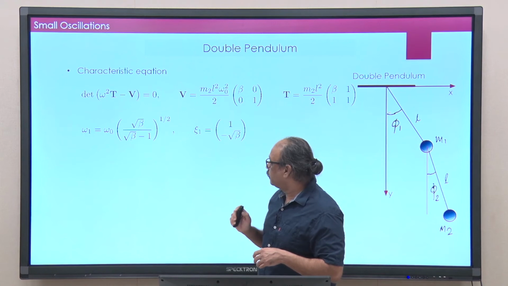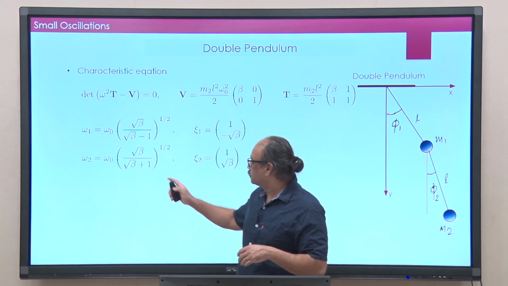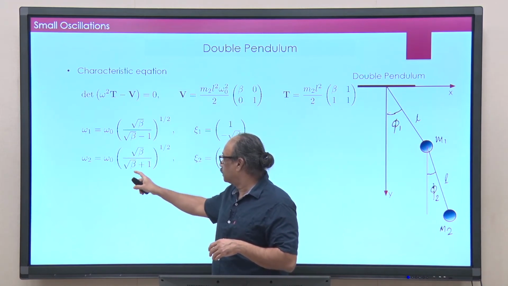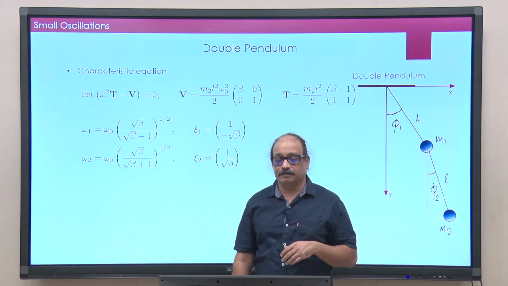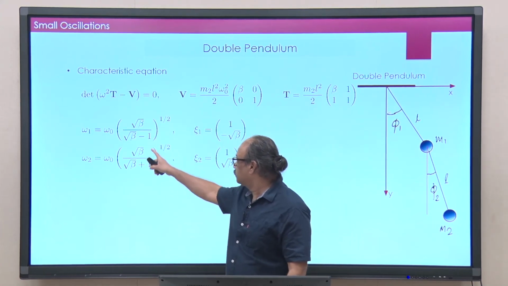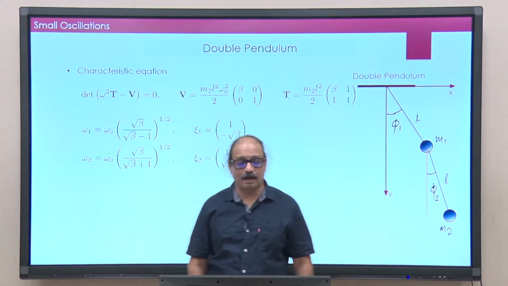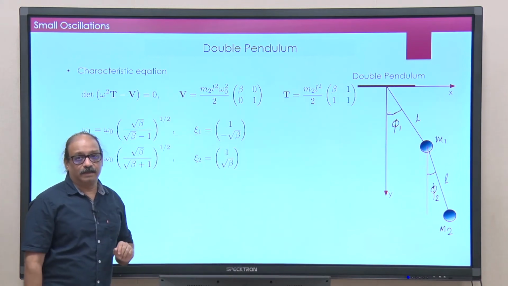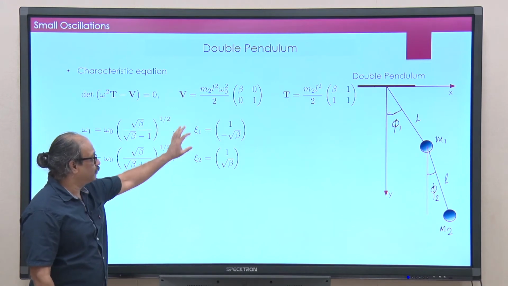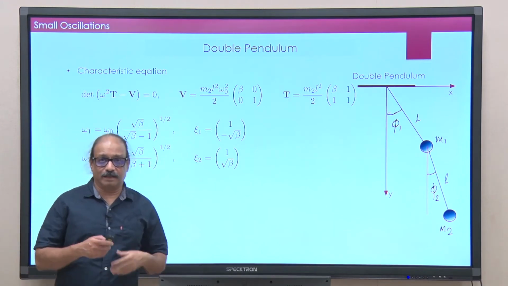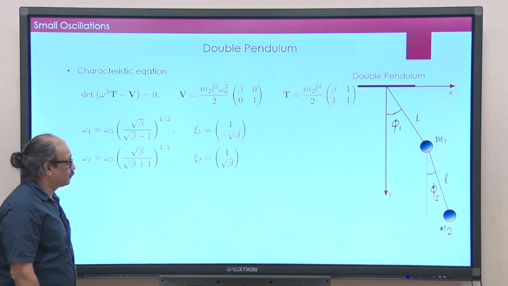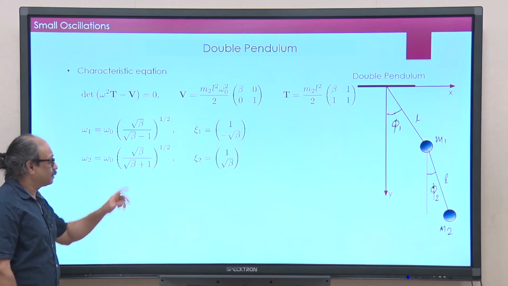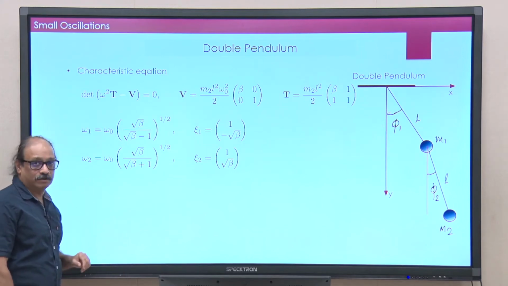The second eigenvalue turns out to be omega naught into square root 2 square root beta divided by square root beta plus 1, instead of minus 1 you get plus 1 there, to the power half, and the corresponding eigenvector is 1 square root beta. Because when you look at it this way you do not immediately see how the system would behave, but it is not very difficult to guess also.